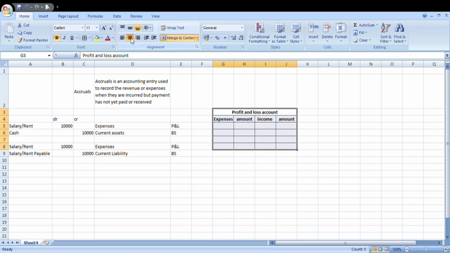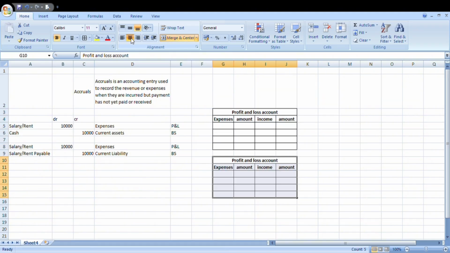Okay, I will just make a short table and one more for the balance sheet: liability amount, assets amount.